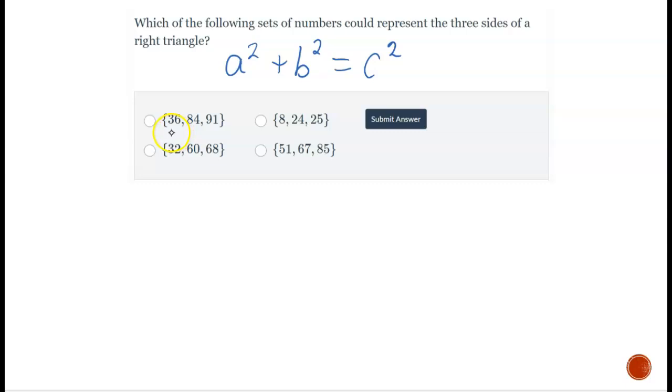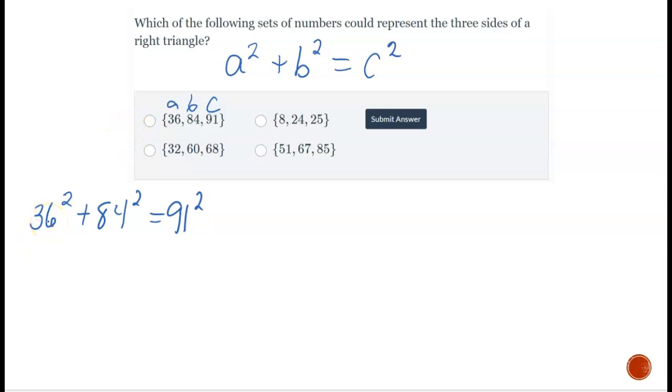I have to figure out which ones are my legs. The two shortest ones are my legs, and the longest one is my hypotenuse. So A, B, C: short, short, long. C is always the longest. Then I can throw that into the Pythagorean theorem: 36 squared plus 84 squared equals 91 squared. That's my question. Does this work?